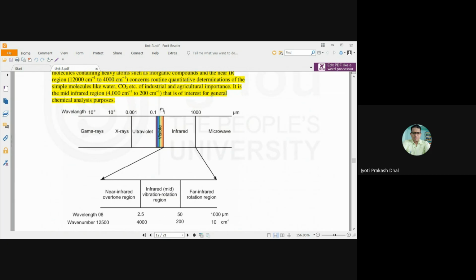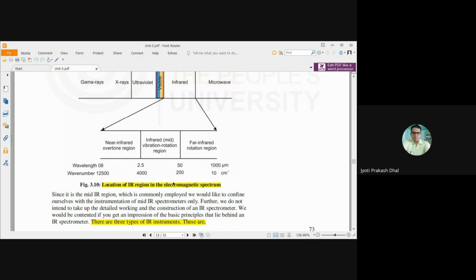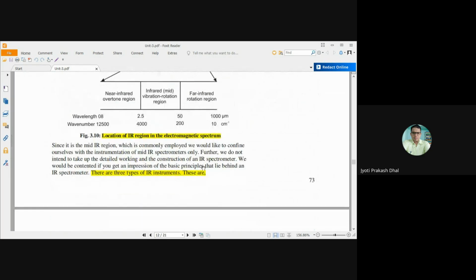Here the infrared is again divided into three different parts: near IR, which is also called the overtone region; mid IR, that is called the vibrational rotational region; and then far IR, that is called only the rotational region.